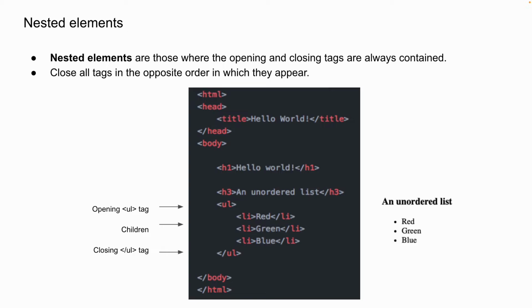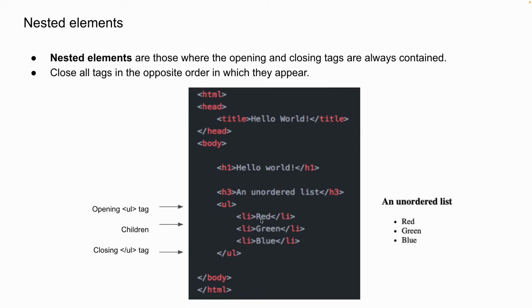So nested elements are those where the opening and closing tags are always contained. You have to close all tags in the opposite order in which they appear. So here, I open a body, and then I have all the tags inside of the body. I never come back to that closing body tag until I've closed all the other tags in there.